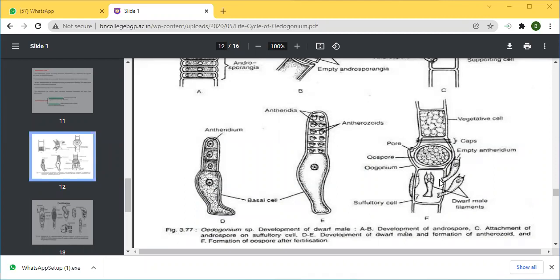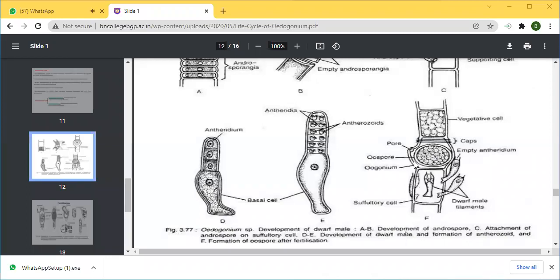See, where the dwarf male is, these are dwarf males and androspores. This cell is called the suffultory cell. This part is the oogonium or oospore. Here only one oogonium is there.